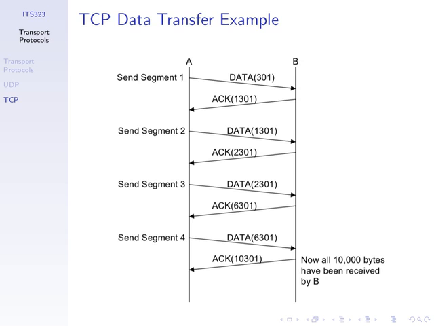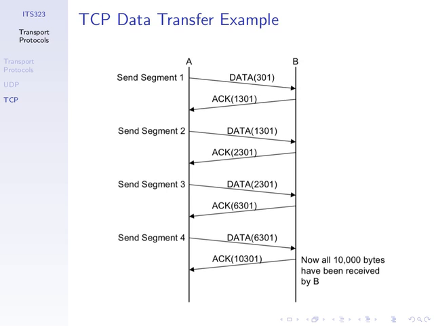With a sliding window, we're allowed to send a set of segments, transmit them before we have to wait for an ACK. Then the ACKs come back. Instead of having to wait for an ACK before sending the second segment, send the 4 segments and then wait for the ACKs. The same numbers would be here.